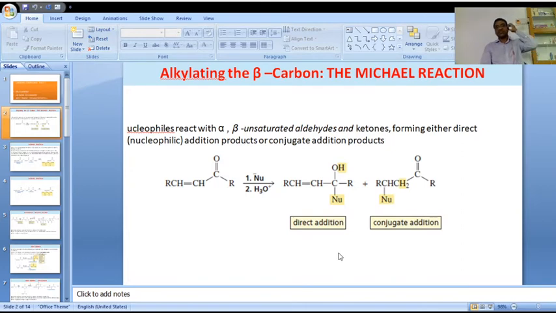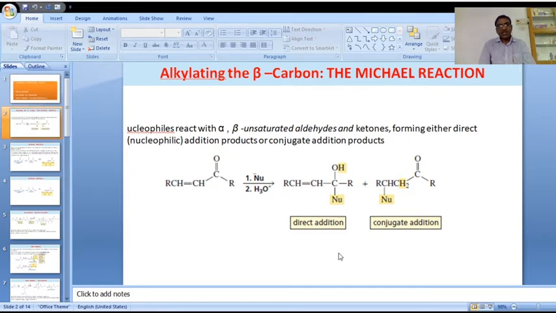Here, we are alkylating the beta carbon of alpha beta unsaturated aldehydes, or it may be ketones. This reaction is named the Michael reaction.